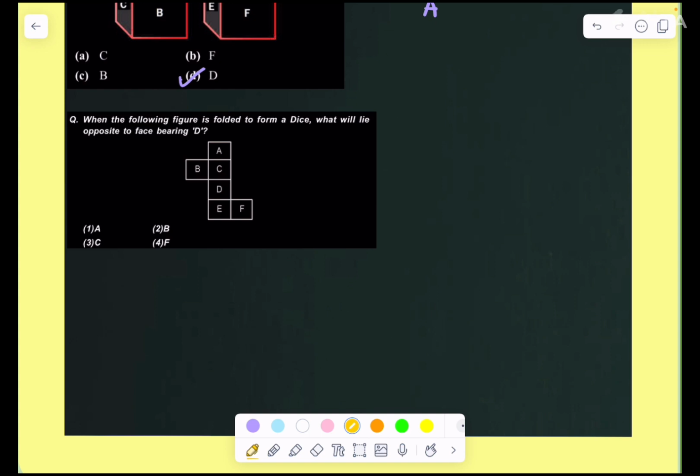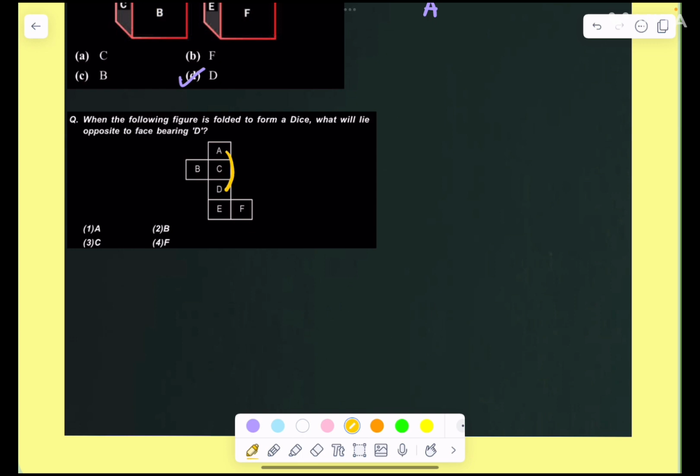Now we'll check it here. Which of the following will be the opposite to the face at D? They are asking like that. And see here, A and D are opposite, right? A, B, D are adjacent here, and it's the C case. What is the opposite face?